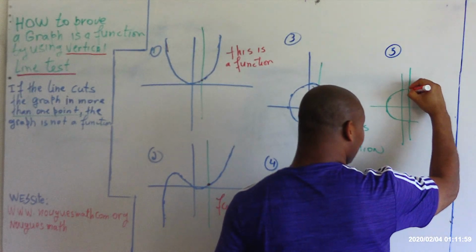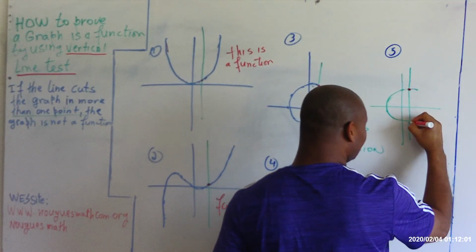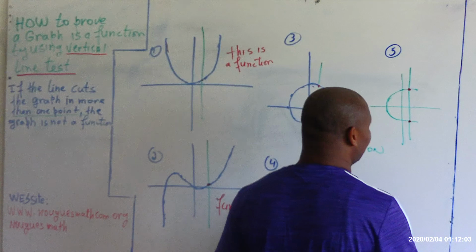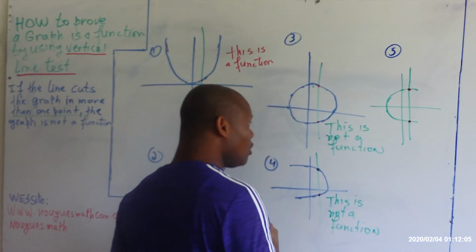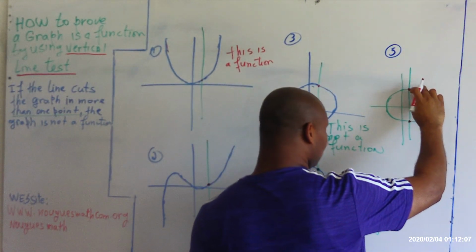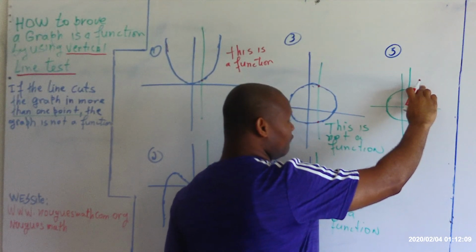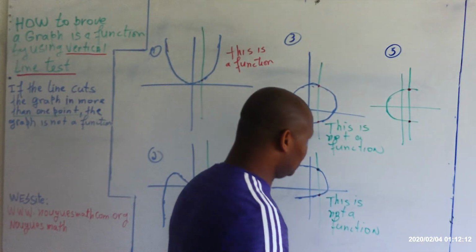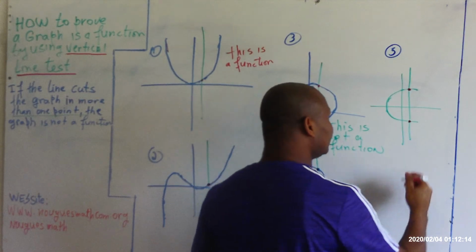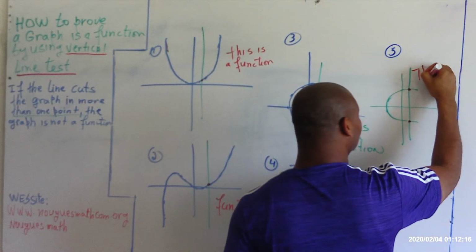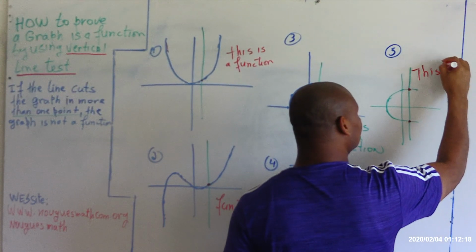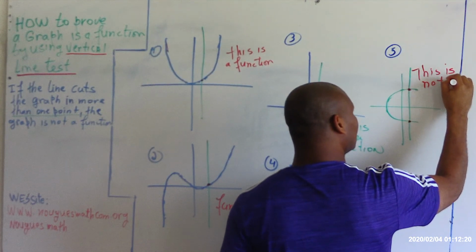You see that? First time, second time. Because the vertical line test cuts the graph in more than one point, therefore, this is not a function.